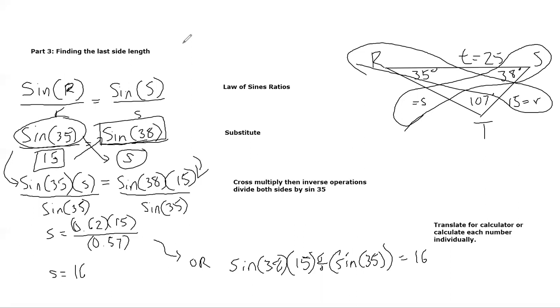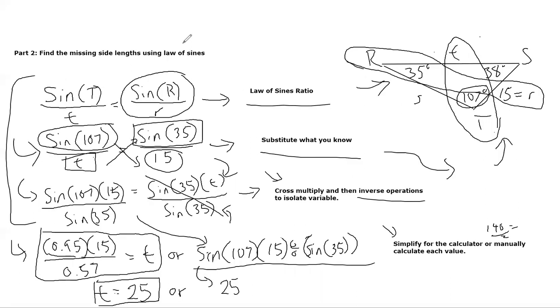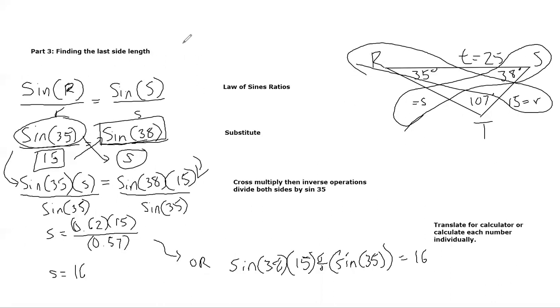Sin 38 times 15, right? And now I have to do inverse operations. I have to get rid of, if you notice, sin 35 this time, right? I want to point out something. Last time, sin 35 was on the right side of the equation. This time, sin 35 is on the left side of the equation.